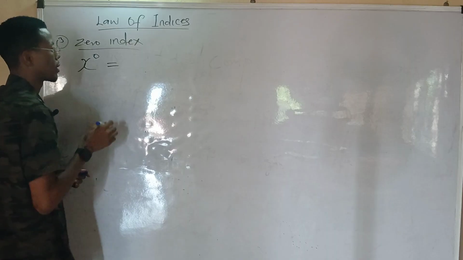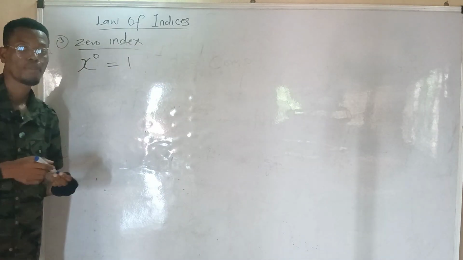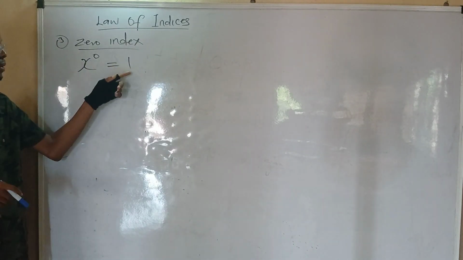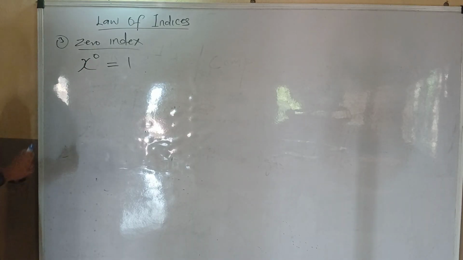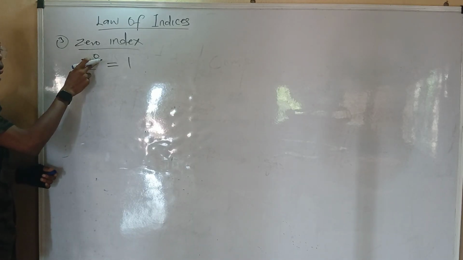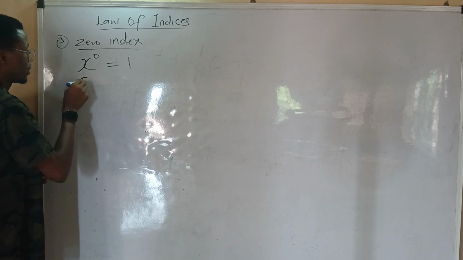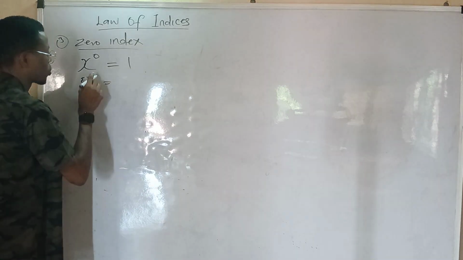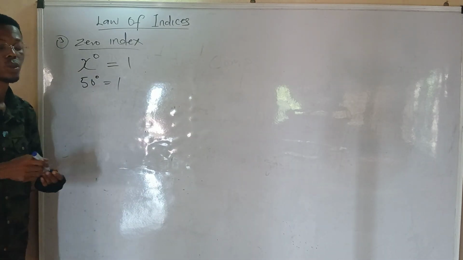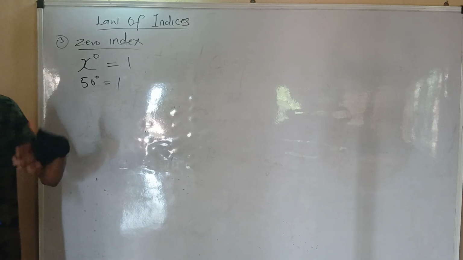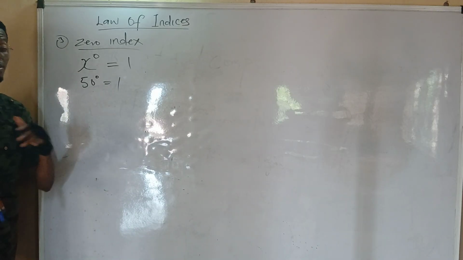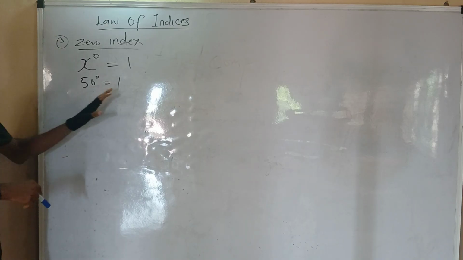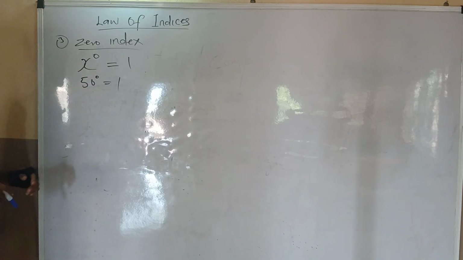What it means is we have 1 as our answer. So x raised to the power of 0 is 1. This is called the zero index law. If we have 50 to the power of 0, that gives us 1, right? So any number or any variable at all raised to the power of 0 is 1. 1 million to the power of 0 is 1. So that is what this zero index law is all about.